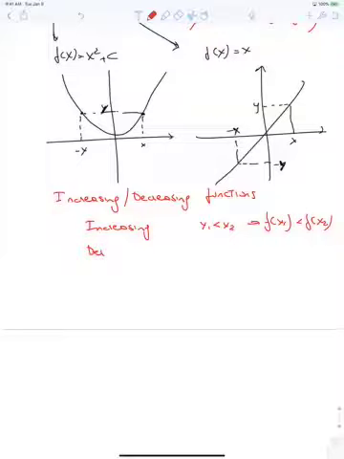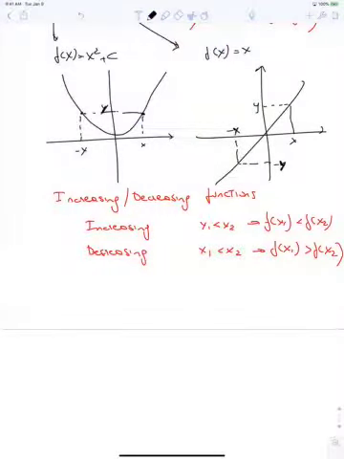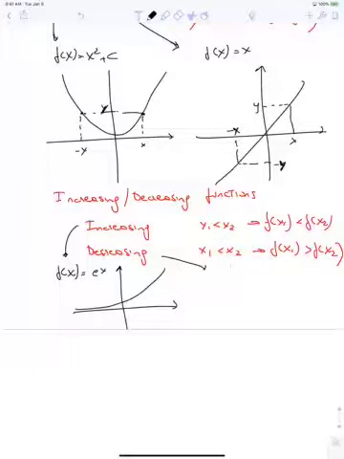And then decreasing means that x1 less than x2 implies f of x1 is greater than f of x2. So an example here, f of x equal e power x. This is an increasing function. And the decreasing function is simply f of x equal 1 divided by e power x.